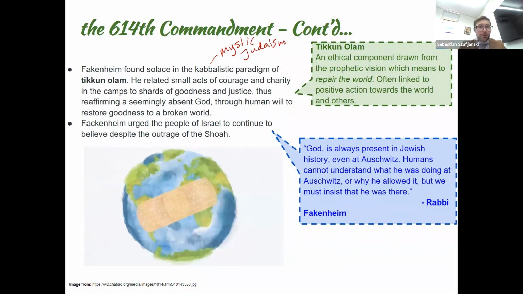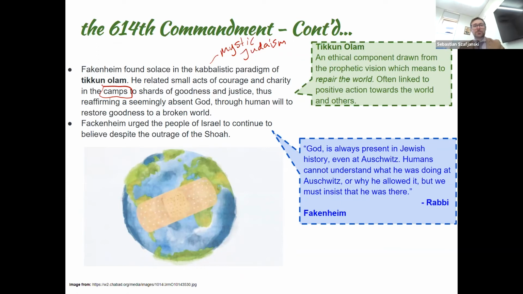Judaism and that paradigm of Tikkun Olam, as we spoke about earlier in the prophetic vision. He related small acts of courage and charity in the camps. We're talking about Auschwitz, which in Judaism is the other name for the time of the Shoah.